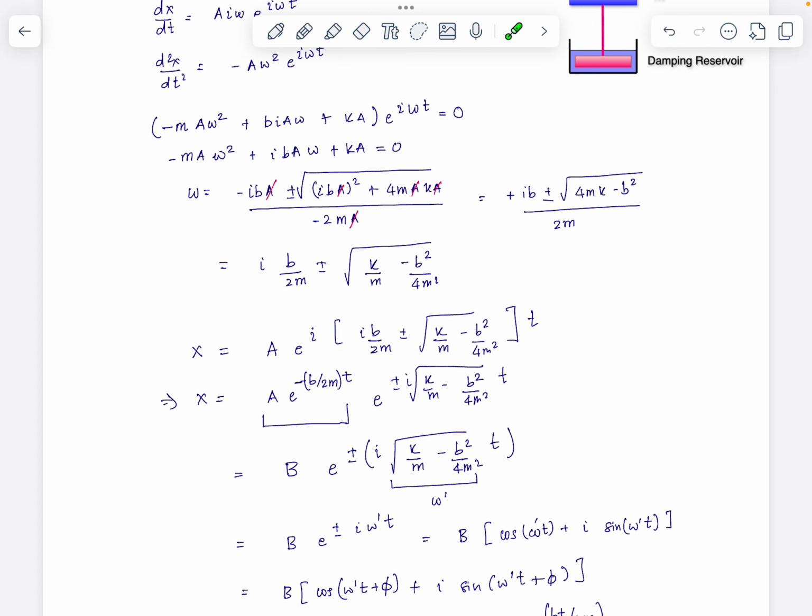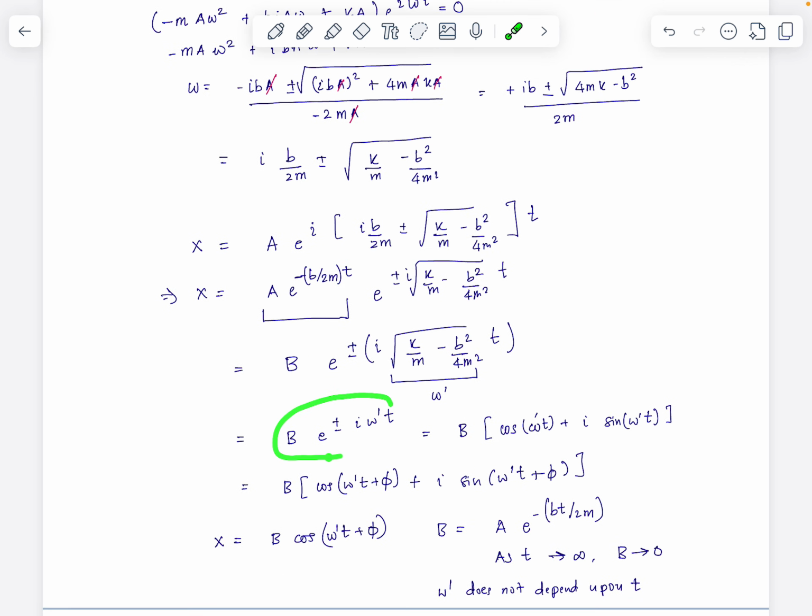And then we solve for omega, and we get this form. Then we can write x as something like this, and we take the leading term and call that b, and this expression in the square root we call omega prime. So we recover the form of the expression that is similar to the expression for simple harmonic vibrations.